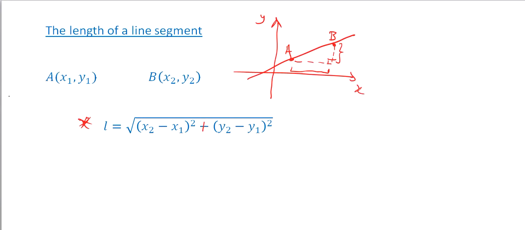So let me give you an example. So let's say A is 2, 4, and B is 3, 6, right? So the length of the line segment AB will be the difference of the 2 x values. So like I said, you need to label which one is x1.